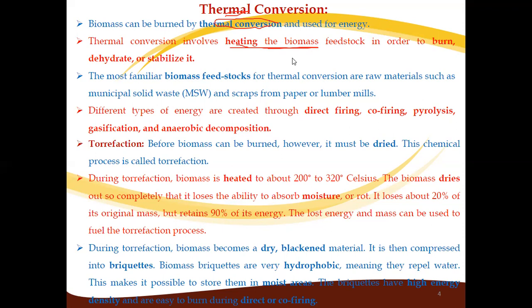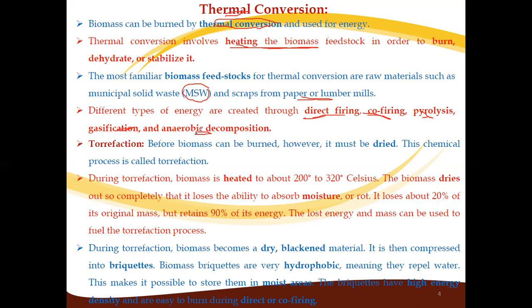The most familiar biomass feedstocks for thermal conversion are raw materials such as MSW, that is municipal solid waste, and scraps from paper and lumber mills. There are different types of energy created by using this thermal conversion process, like direct firing, co-firing, pyrolysis, gasification, and anaerobic decomposition.